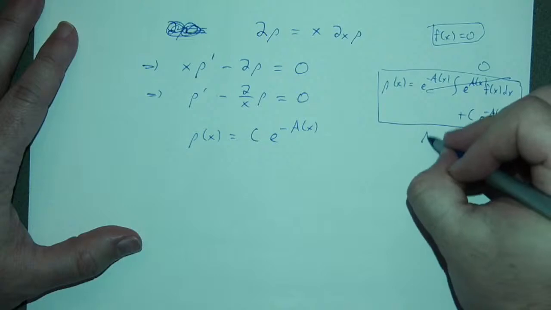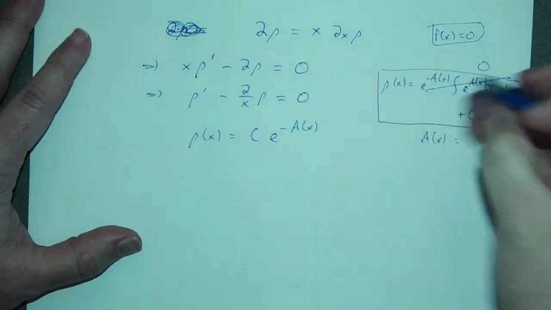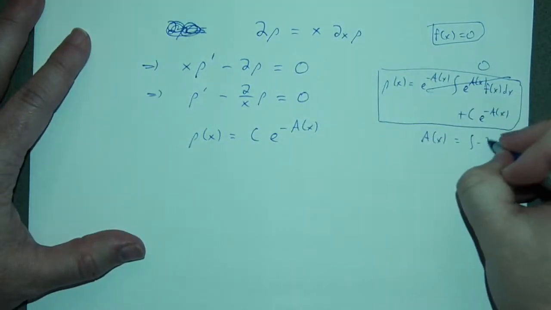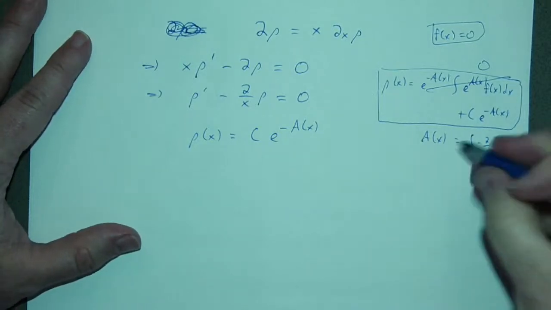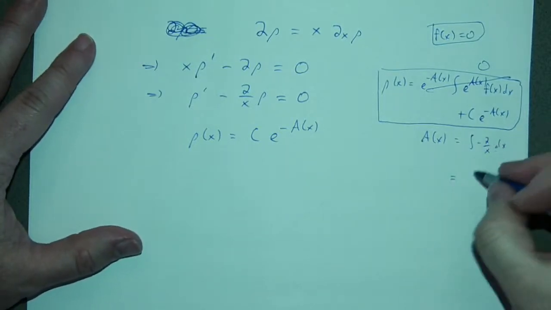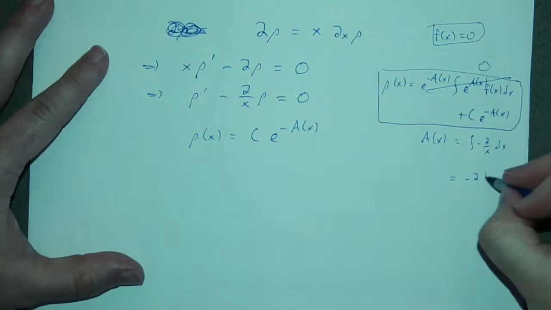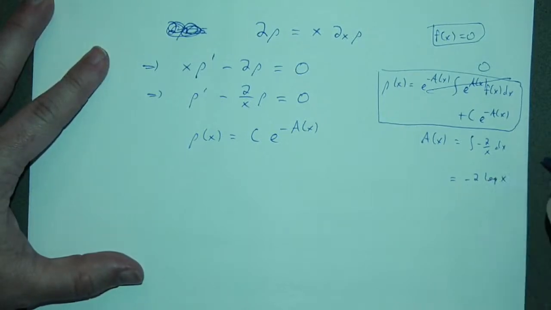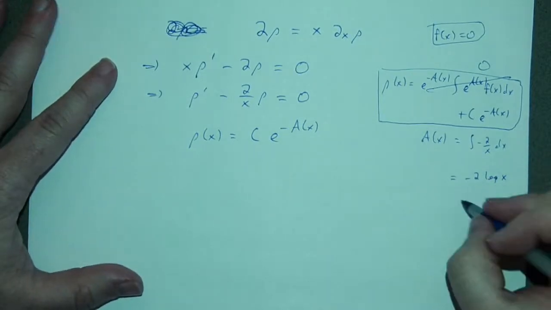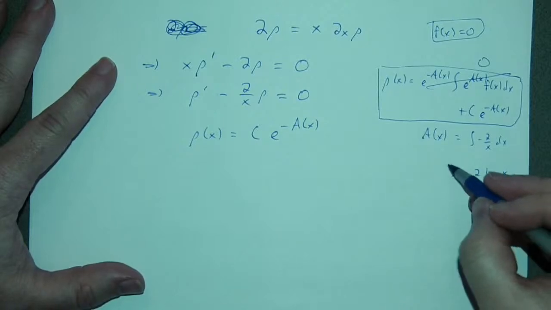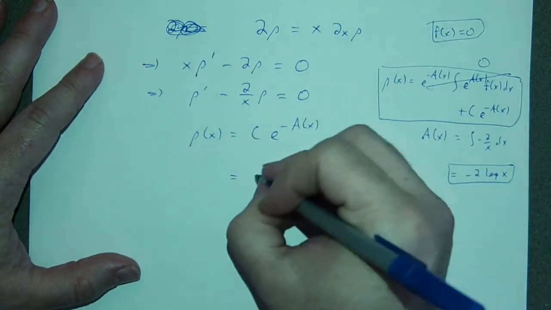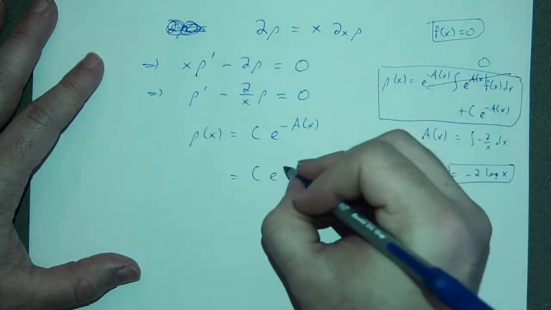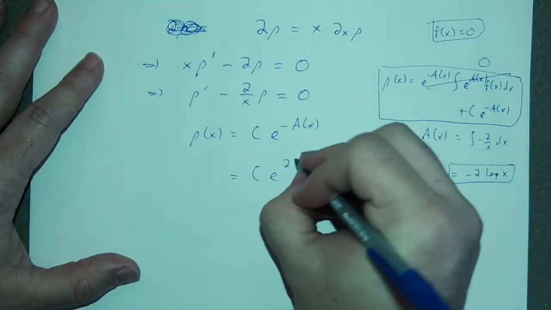Well, big A of x in this case is the integral of minus 2 over x dx. What's the integral of minus 2 over x dx? This is minus 2 times the log of x. So then rho of x is c e to the minus, minus 2 log x, so this is 2 log x.